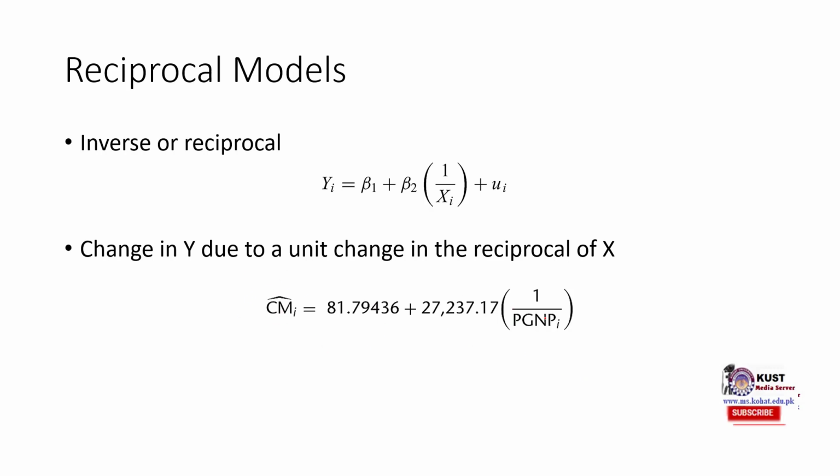We are studying the effect of per capita GNP on child mortality, and our coefficient turned out to be 27,232. So how do we interpret it? First thing is the sign.